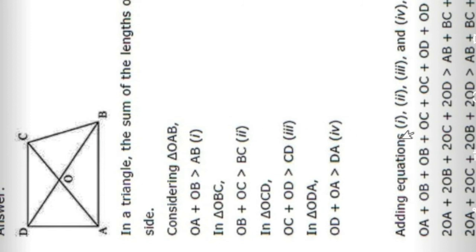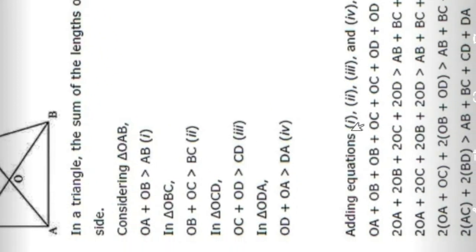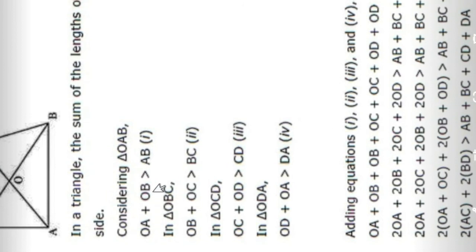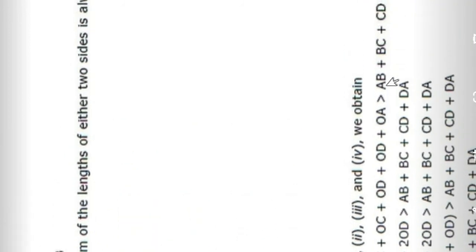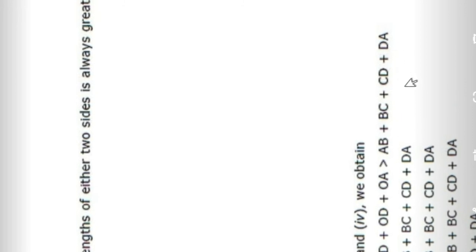So adding equations 1, 2, 3, 4, we get OA plus OB plus OB plus OC plus OC plus OD plus OD plus OA is greater than AB plus BC plus CD plus DA.